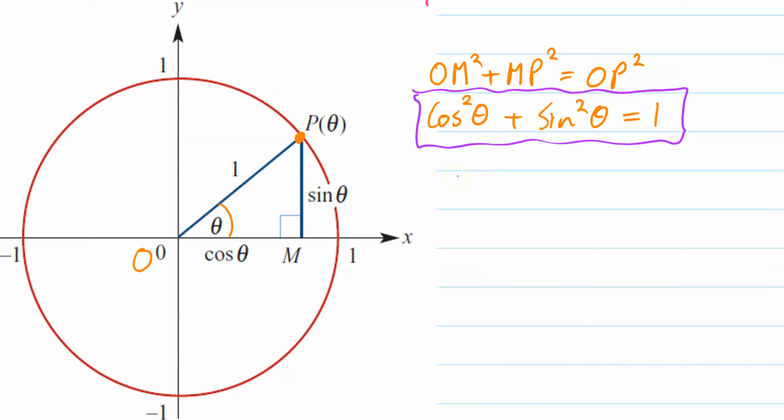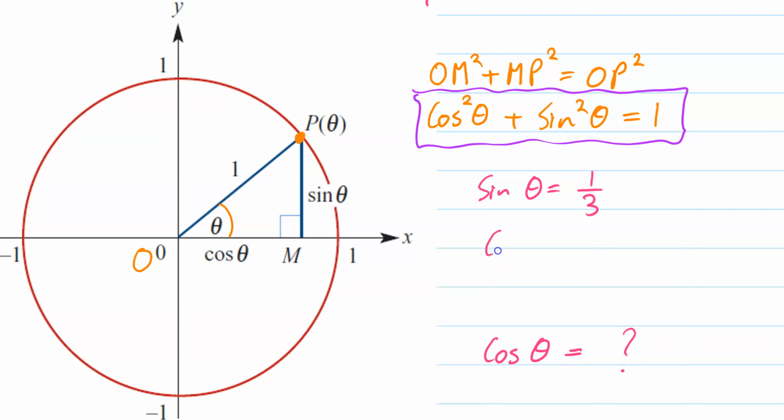Well, how do we use this in calculations? Let's say I've been given sine theta is equal to 1 on 3. I need to find cosine theta, so I need the value for my question mark. What we're going to do is apply the Pythagorean identity.